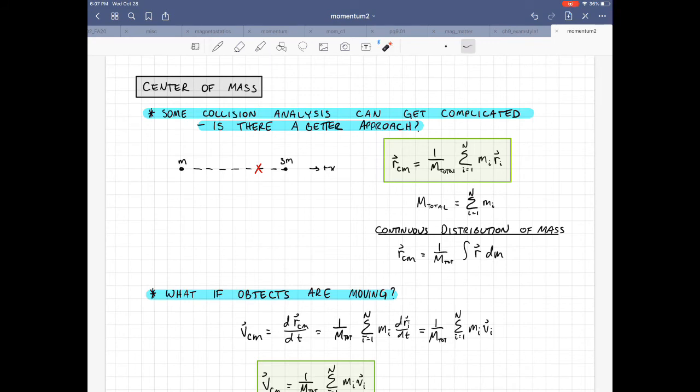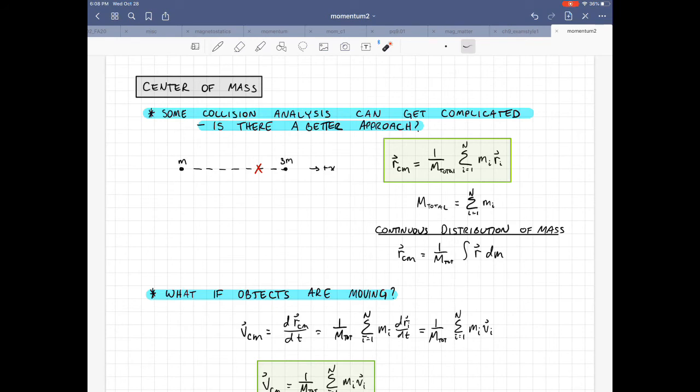Now, in this case, my system is really simple. I've got two objects, and they're not moving. But the way that you calculate the center of mass is that you take into account the locations of the objects, multiply each mass by the position, add up all of those products, and then divide by the total mass.